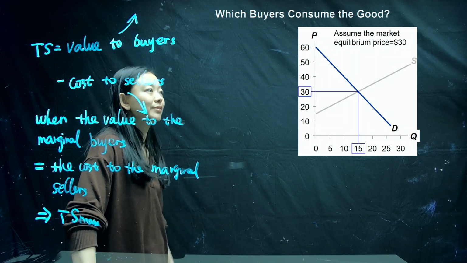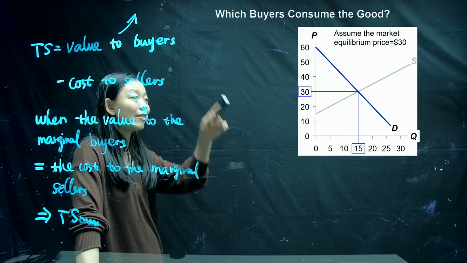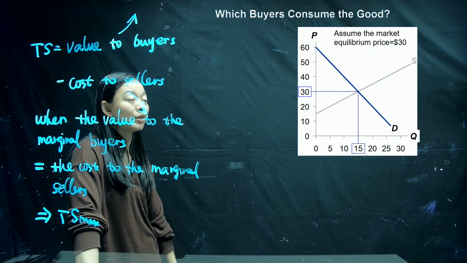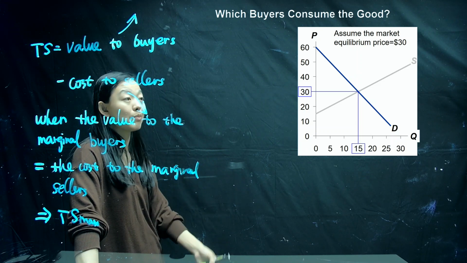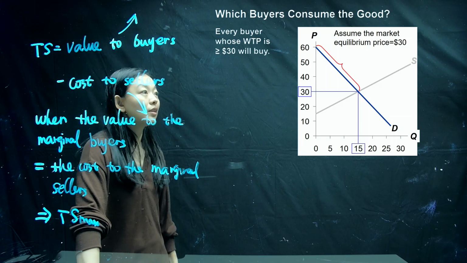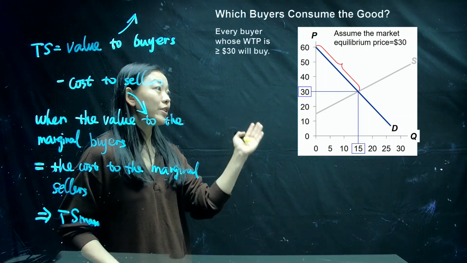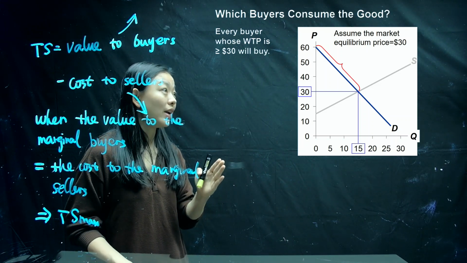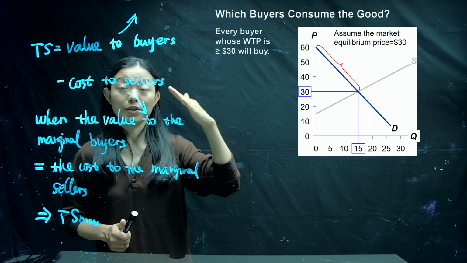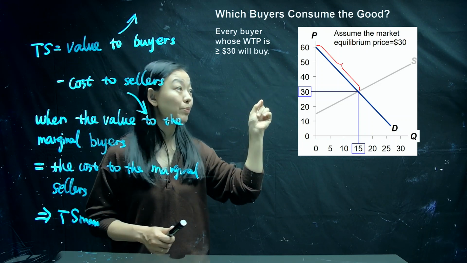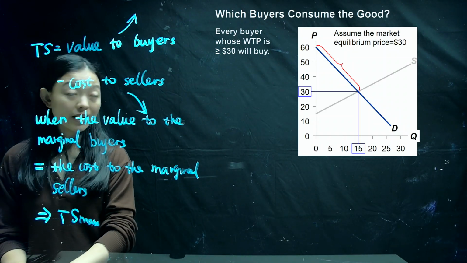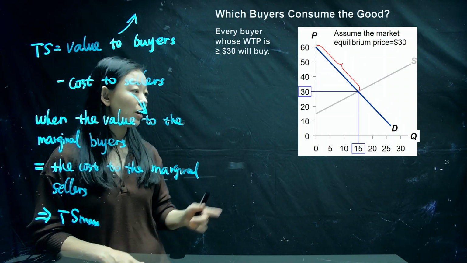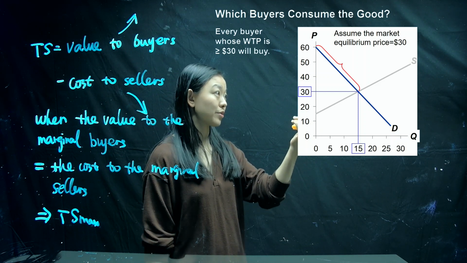Look at this graph. We have the consumer surplus and the producer surplus, right? We can compute these two surpluses from this demand and supply curve. From the intersection point, we can find the market equilibrium price equals $30, right?